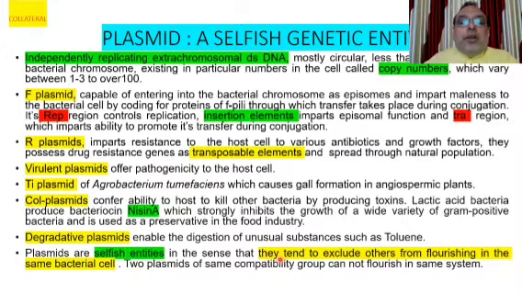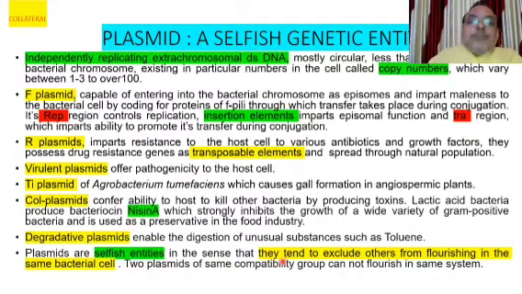When it gets a stronghold inside a bacterial cell, it will try to inhibit the entry of another plasmid, and so they tend to exclude others from flourishing in the same bacterium. Two plasmids of the same compatibility group cannot flourish in the system, and these are called incompatible plasmids.